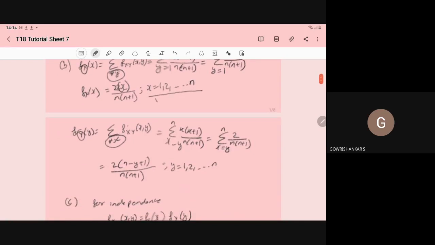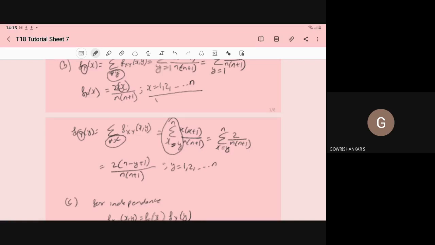That's why we have taken the summation from y to n: summation x equals y to n of k into (k plus 1) upon n into (n plus 1), or k equal to 1. So summation for x equals y to n of 2 upon n into (n plus 1).